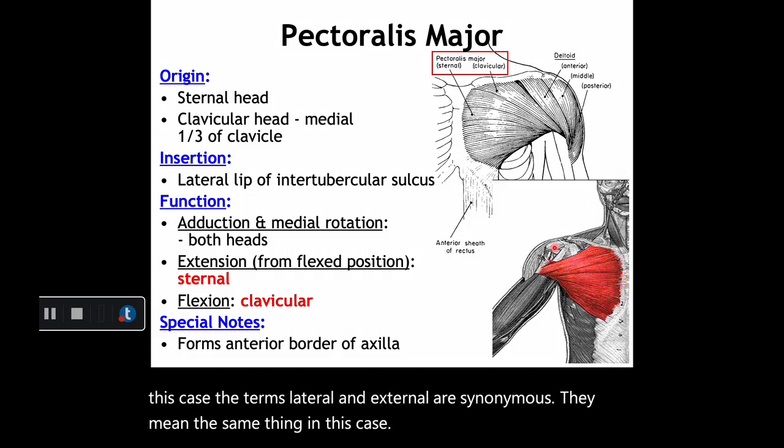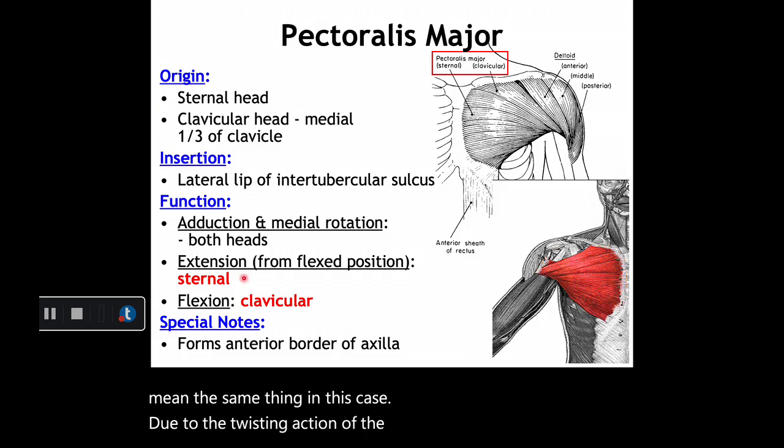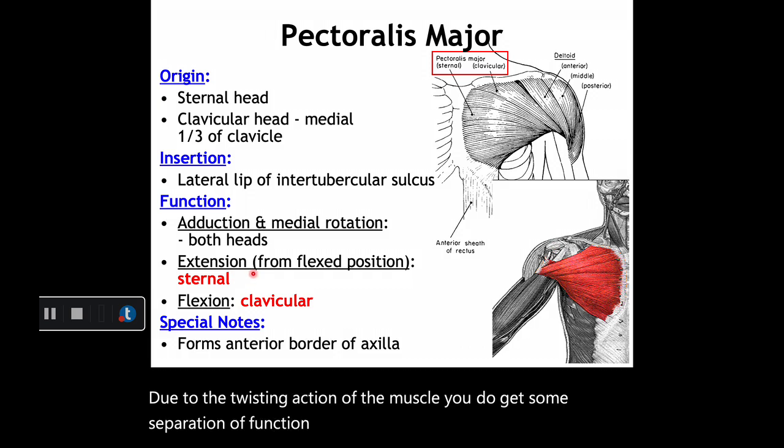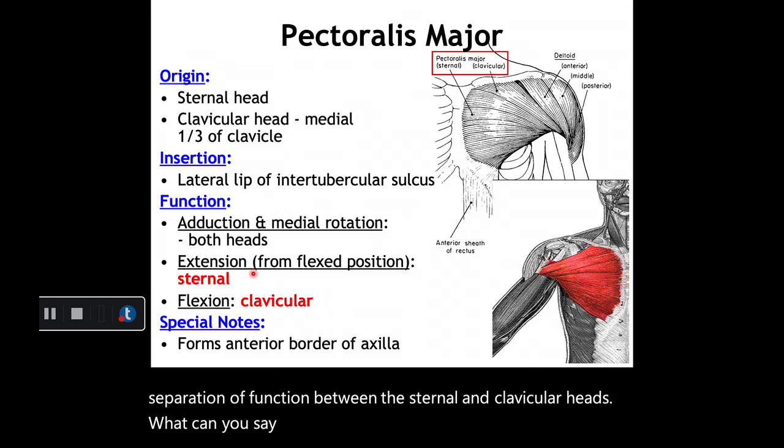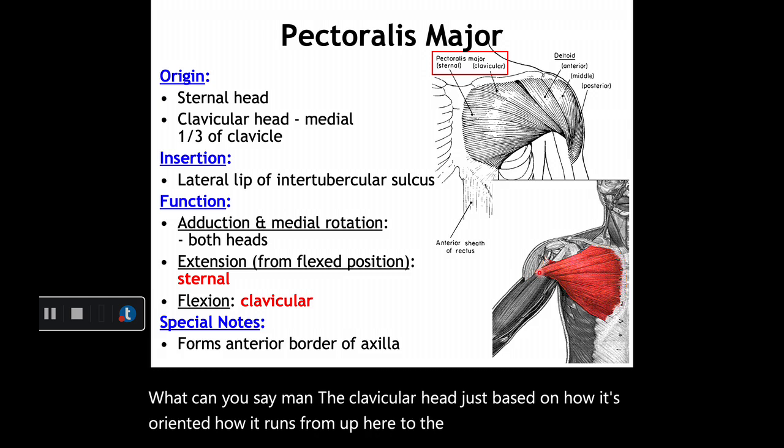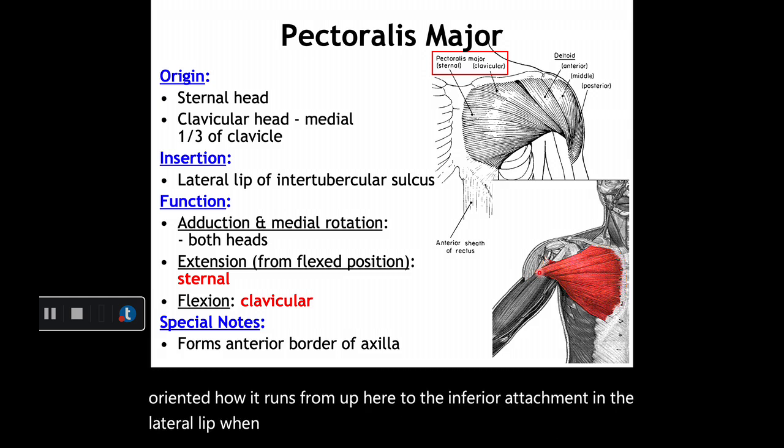Due to the twisting action of the muscle, you do get some separation of function between the sternal and clavicular heads. The clavicular head, just based on how it's oriented, how it runs from up here to the inferior attachment on the lateral lip, when you contract that head of the muscle, it's going to flex the shoulder and bring your arm out in front of you.